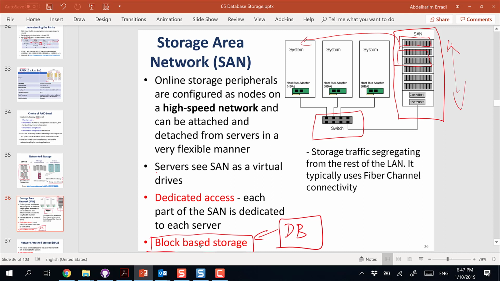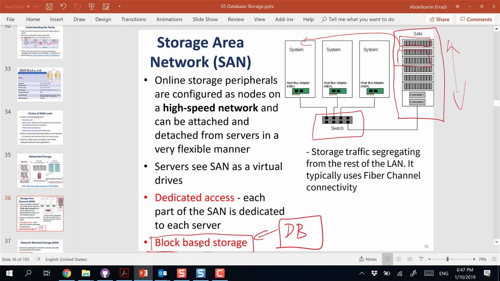You can manage the storage at the block level, not at the file level. For example, in a solution like Dropbox, which is a network-based storage solution, it manages storage at the file level. So the unit of reading and writing is a file. The unit of management is a file. Here, the unit of reading and writing is a block.